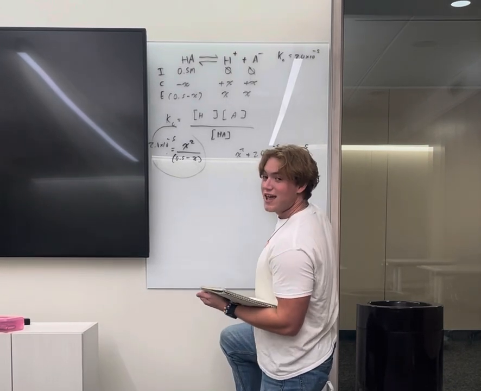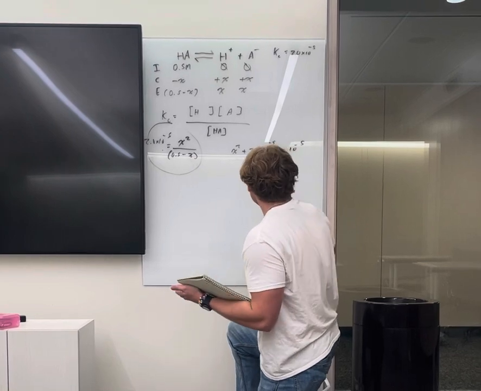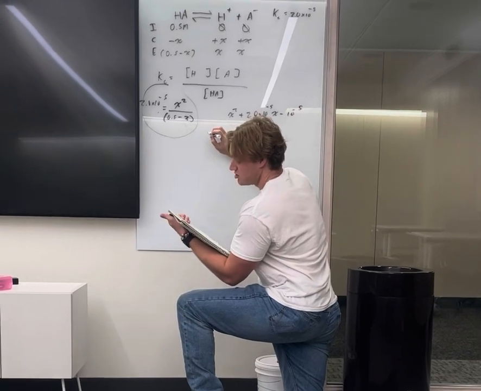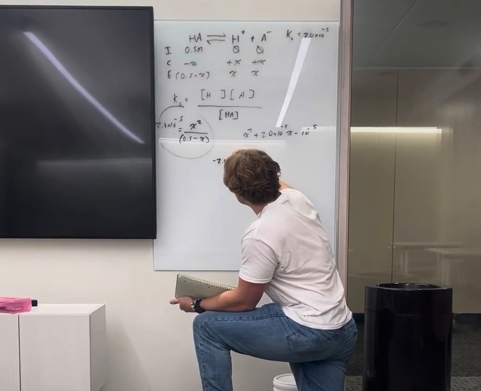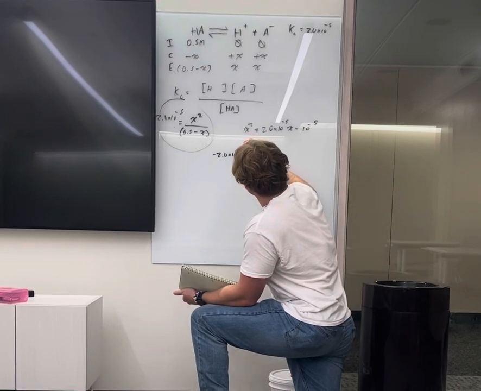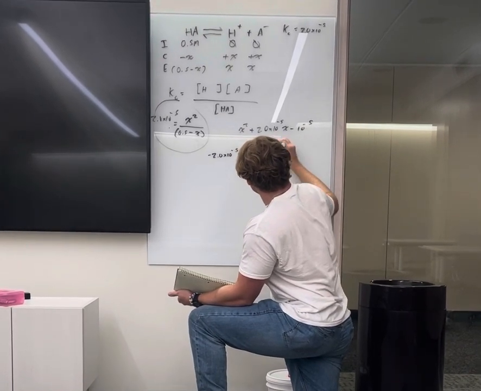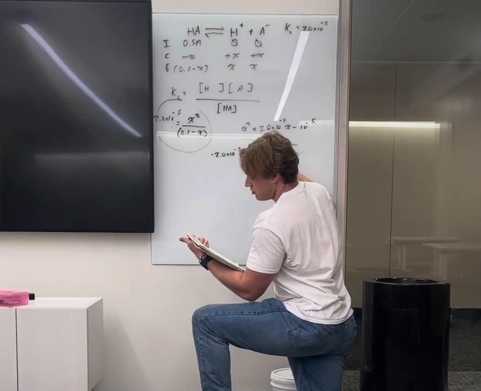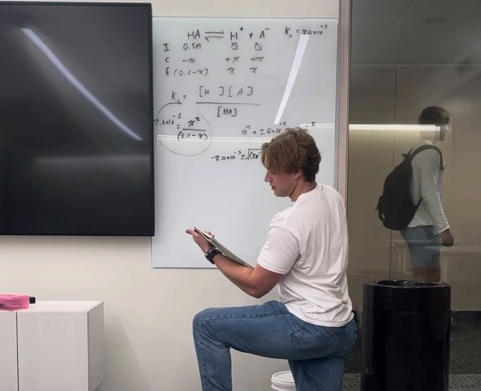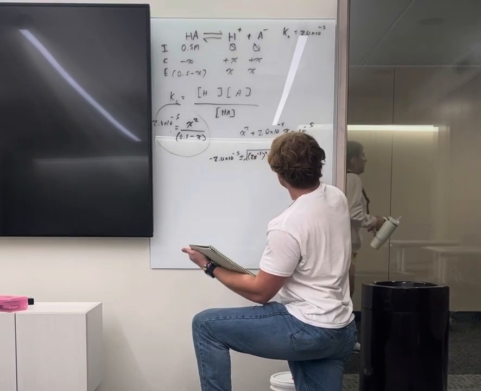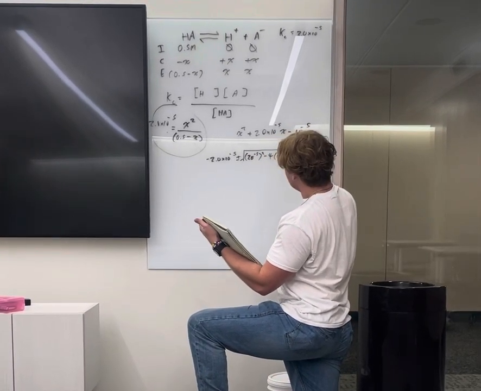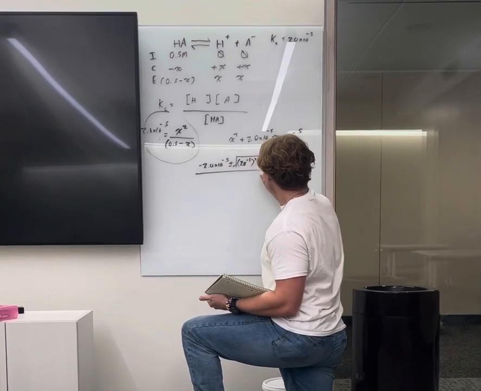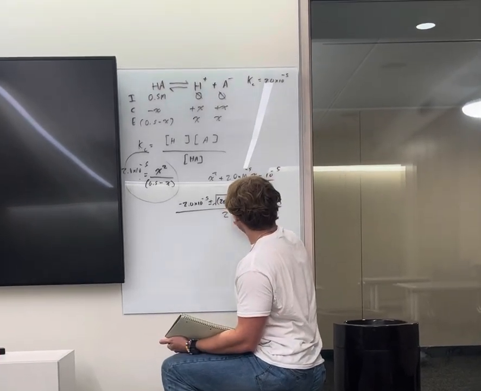Now, you could factor that, I guess, if you were really smart, but what we typically use here is the quadratic formula. It's a surefire way to do it. So, plugging it into the quadratic formula, I have it written here so we don't have to go through that mess. We have negative b plus or minus the square root of 2.0 times 10 to the negative 5, squared, minus 4, a is 1, times 10 to the negative 5, which is c, over 2, because a is 1.